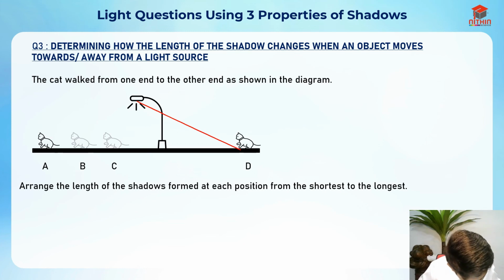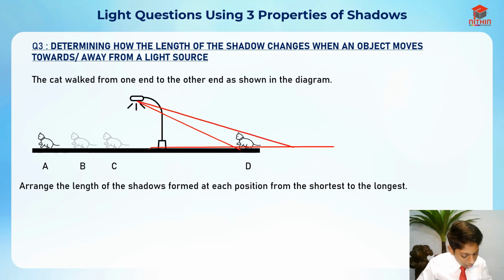So let me just continue this line first. If I continue this line and then I do this to the cat over here, you actually form this much of a shadow.